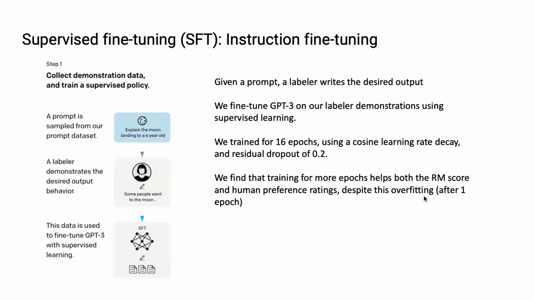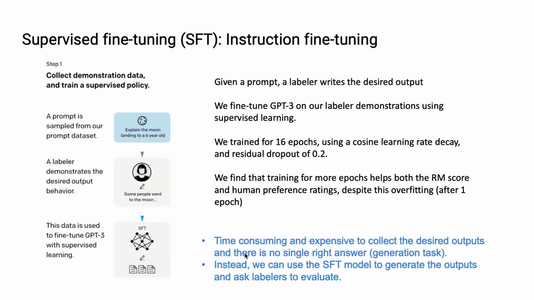So they just overfit the model, no matter what. Even if it's overfitted, in the end, the final output from the full pipeline shows improved performance if you overfit the instruction fine-tuning model.